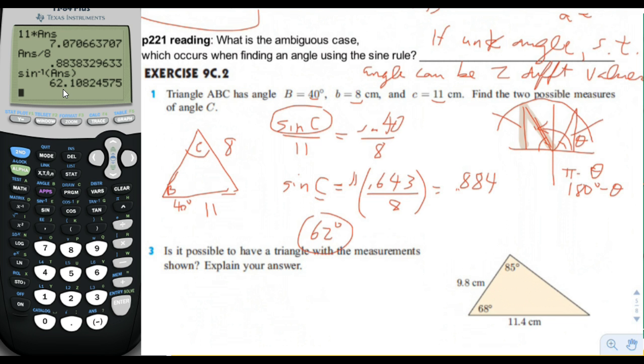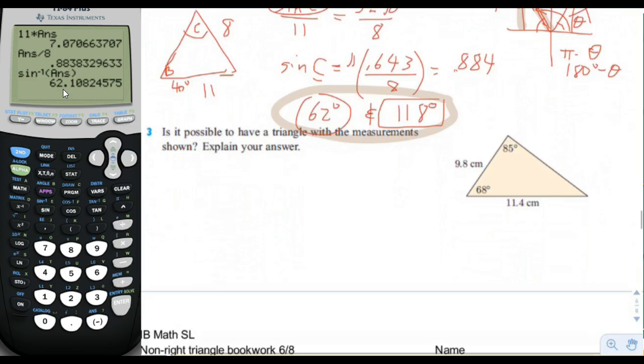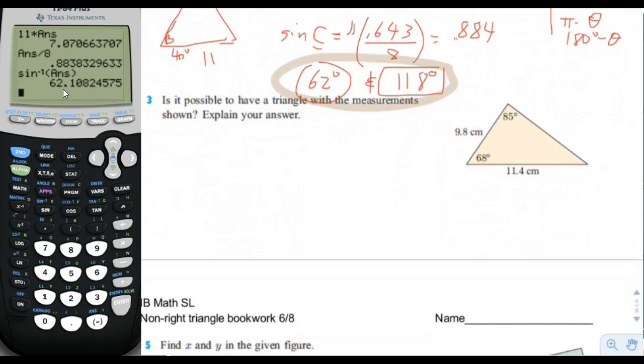That is the reflection about the vertical axis. So in addition to 62 degrees, it's 180 minus 62, which is 118 degrees. Those are the two possible measures of angle C. That is what's known as an ambiguous case.